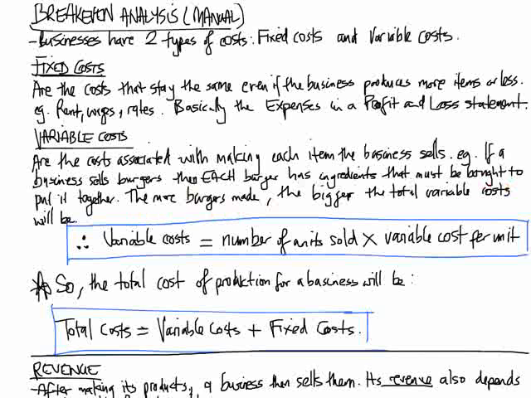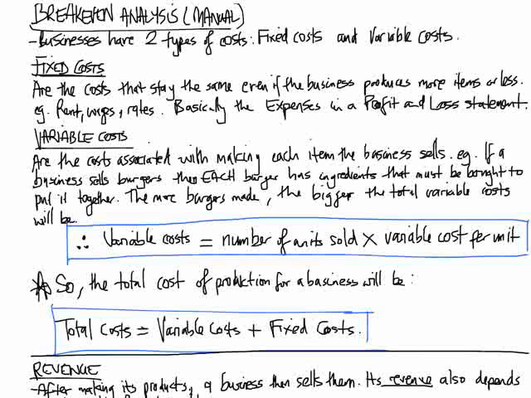Say each burger's ingredients cost $2, and you made, say, one burger. That'd be $2 of variable cost. But if you made 100 burgers, that'd be $200 of variable cost. So you can see how the variable costs change depending on the level of production. So the cost associated with each item the business sells.